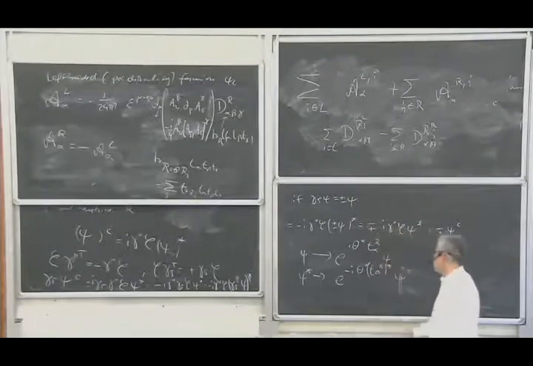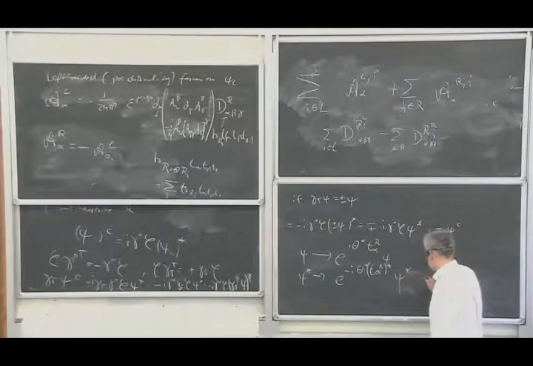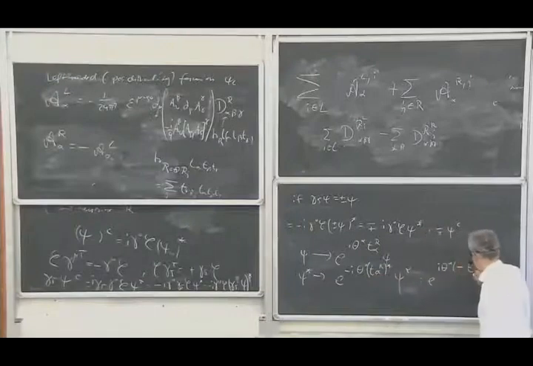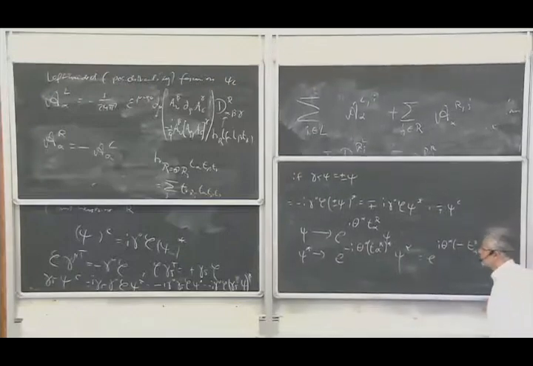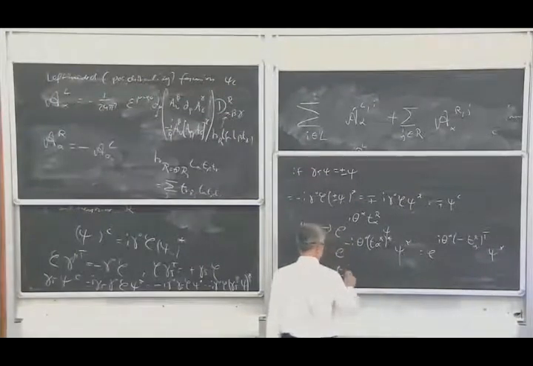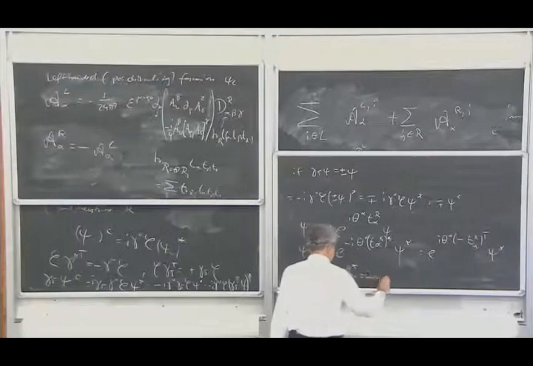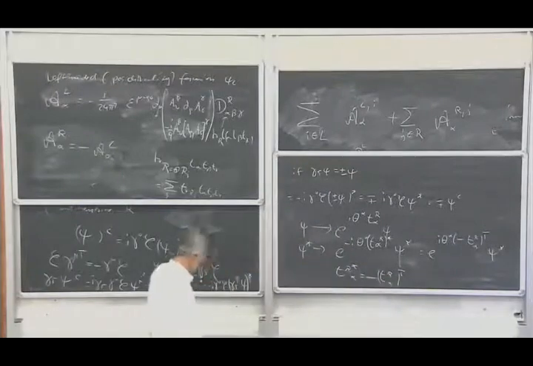Now my generators were Hermitian, so star is the same as transposed. So this is e to the i theta alpha, I put the minus here, minus T alpha R transposed, psi star. So we could say that psi star transforms with generators that are minus T transposed. So we say these are the complex conjugate representation. So the T R star alphas are minus T R alpha transposed.